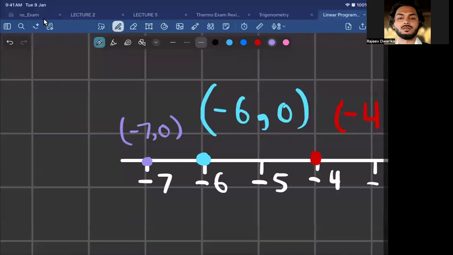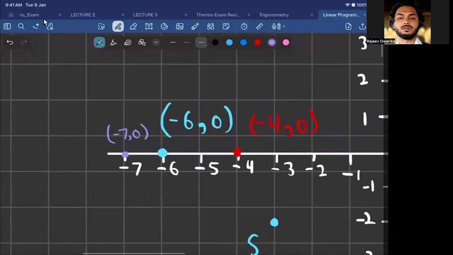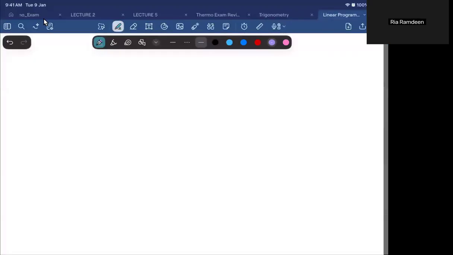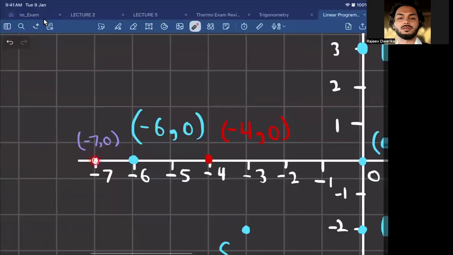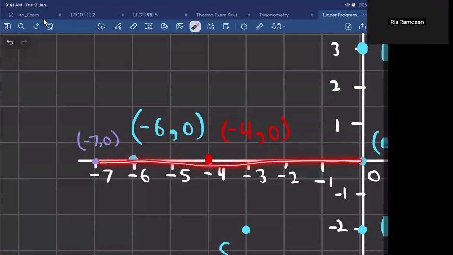Right. So the -7 corresponds to what value? The x or the y value? The x. Right. So if I wanted to reach this point, wouldn't I have to go 7 units to the left? Right. So the x value corresponds to the horizontal movement.